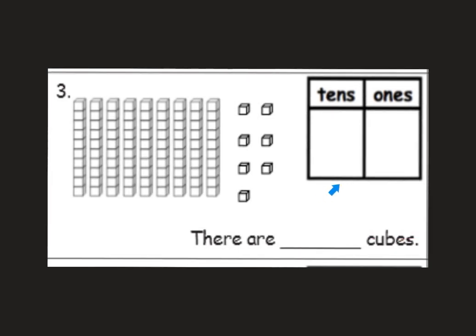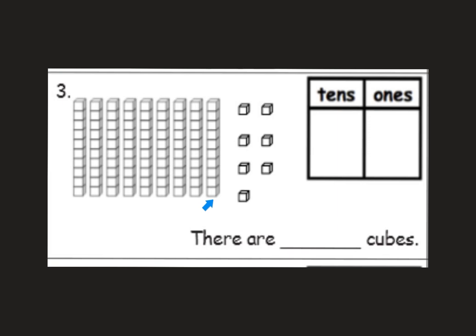Now let's look at our tens place. So if we count up, we have 1, 2, 3, 4, 5, 6, 7, 8, 9, 10 of these individual cubes in one of these long sticks. So now let's count up all of our long sticks to see how many we have in our tens place.